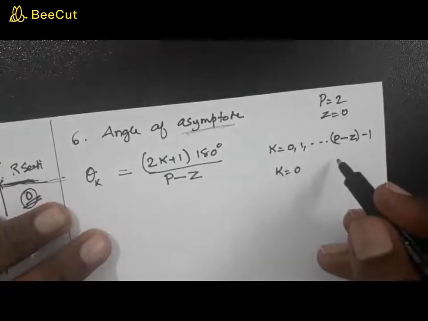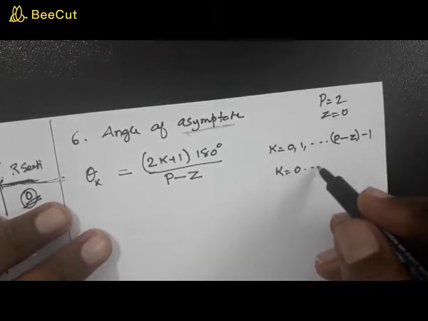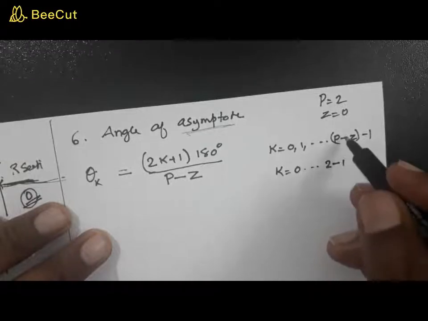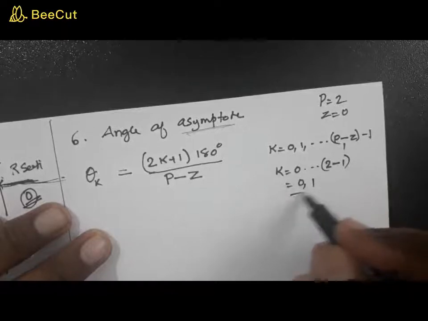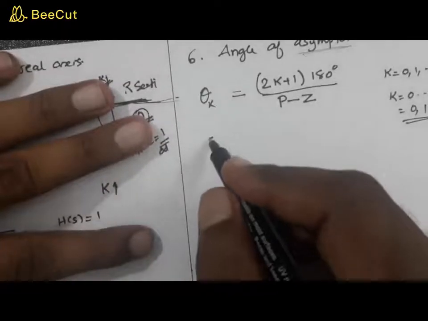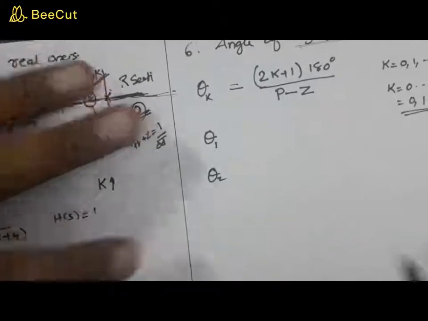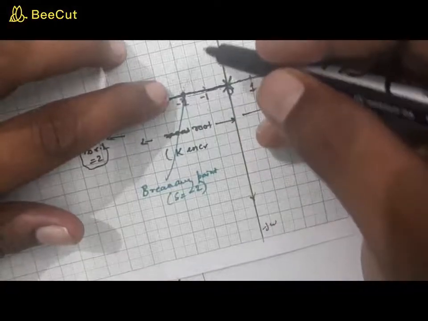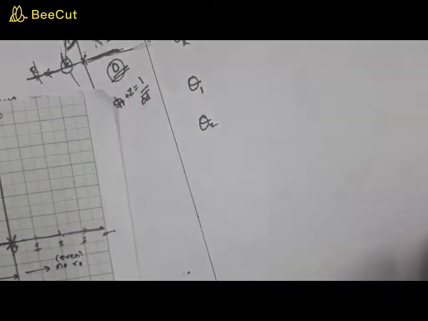So p minus z is 2, and k goes from 0 up to 2 minus 1, which is 0 and 1. That means you have two angles, theta 0 and theta 1. Logically, when you look at this, you require two angles, one for one of the poles in this direction, the other in the other direction.